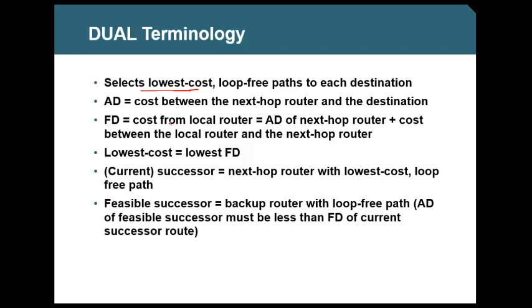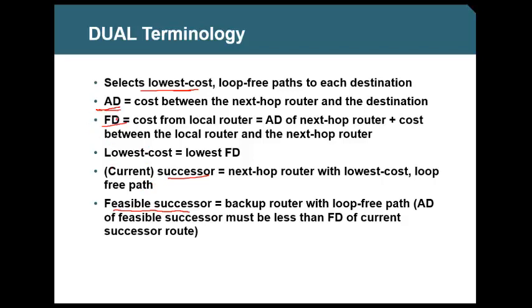How is the low cost path calculated? For that we need to understand what is advertised distance, what is feasible distance, what is successor, and what is feasible successor. These things we need to know before we understand how the low cost path is selected.